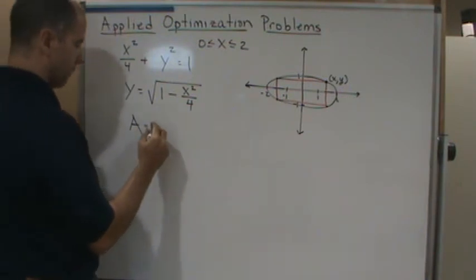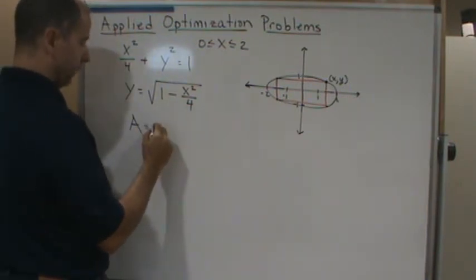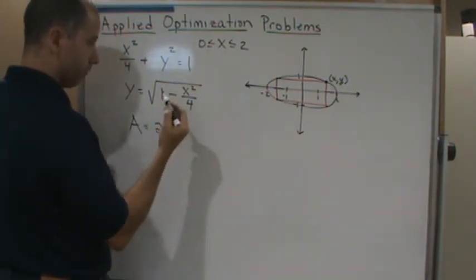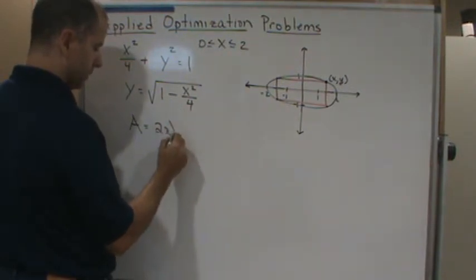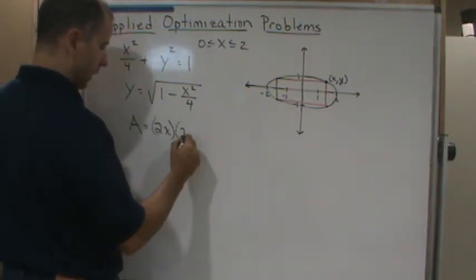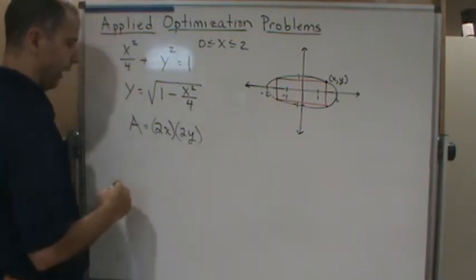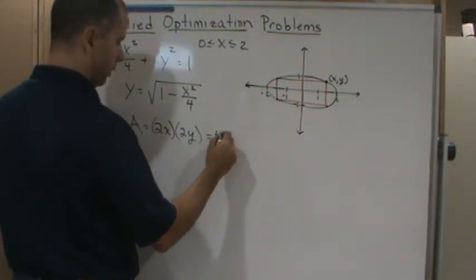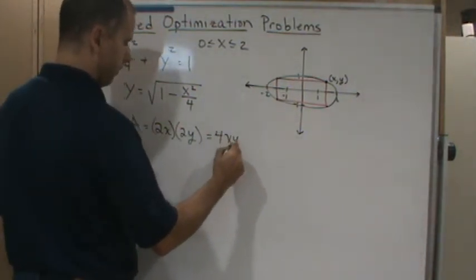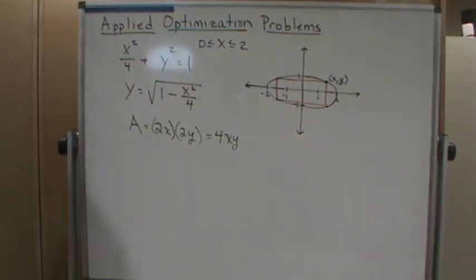So the area of the rectangle will end up becoming 2x times 2y, or 4 times xy. Okay, so far so good. That's just using the formula length times width.